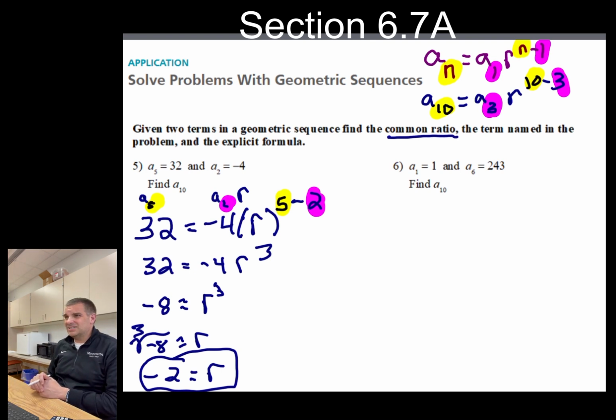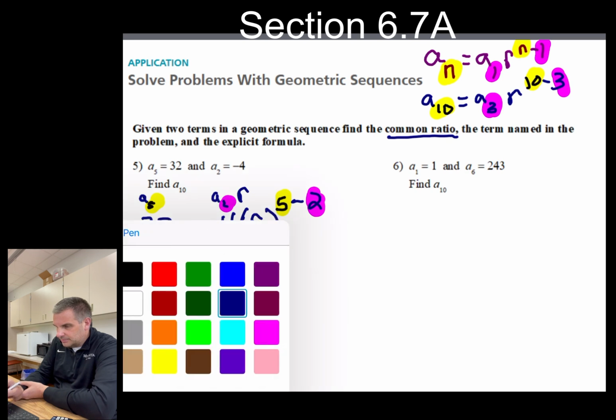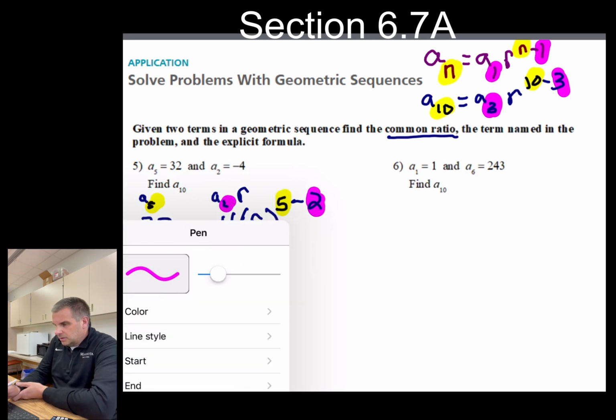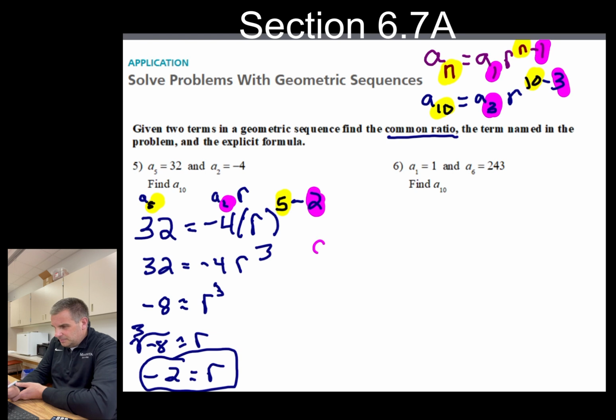Next thing they asked us to do is find the 10th term. So we have to find the 10th term. Let's switch colors here. So our 10th term is going to equal, well, I have my 5th term, so I'm going to use my 5th term. I could use either term.